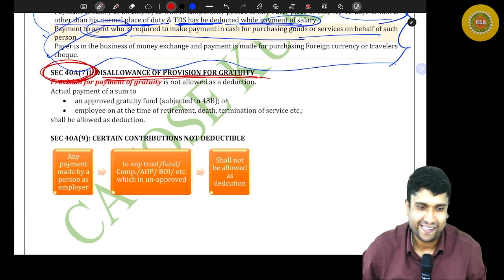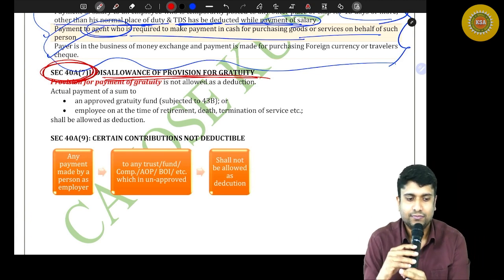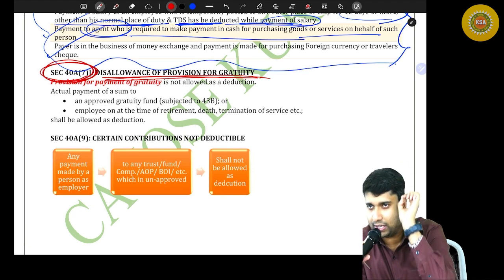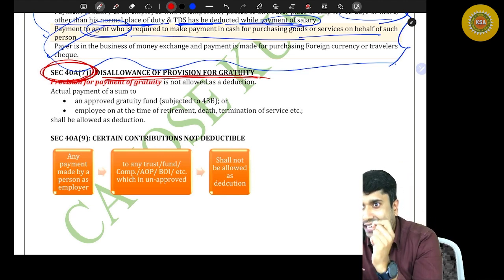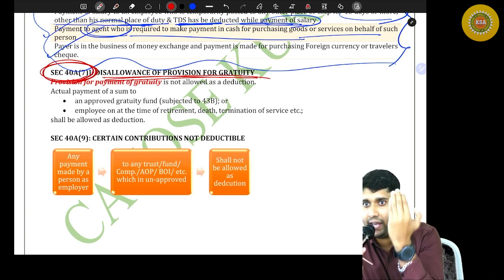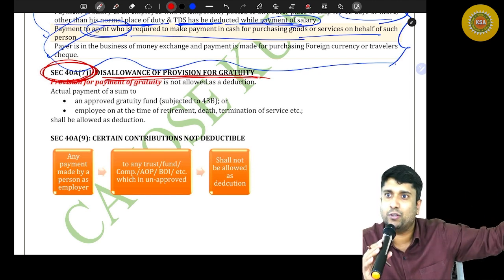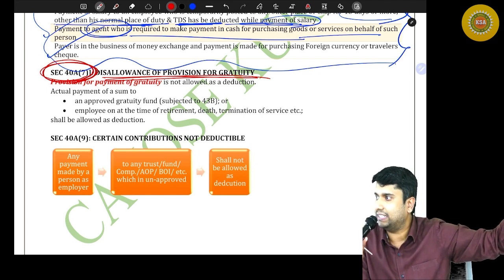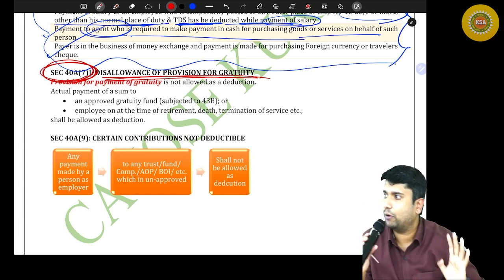All right. So the point is, if you are a person actually paying gratuity to your employees, that actual payment is always allowed as a deduction. Or instead of actually paying it, you maintain an approved gratuity fund. Then the payment to an approved gratuity fund is also allowed as deduction. Instead of these two, you simply put a provision, that is never allowed as a deduction.